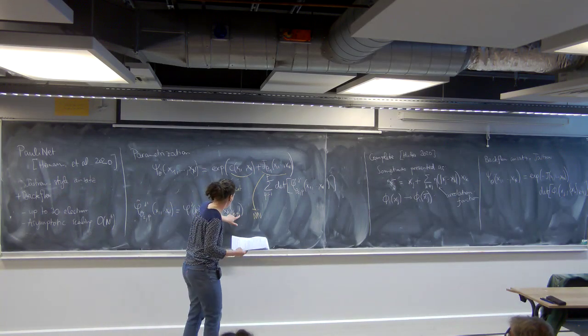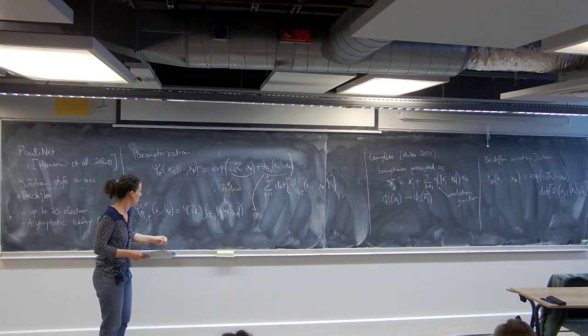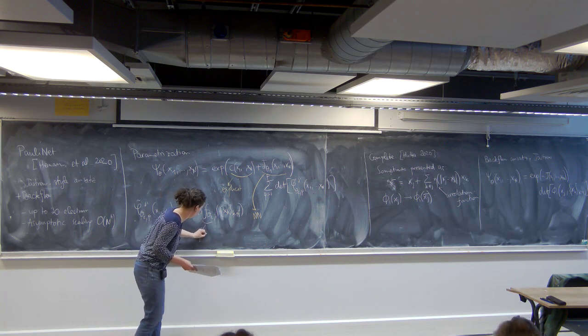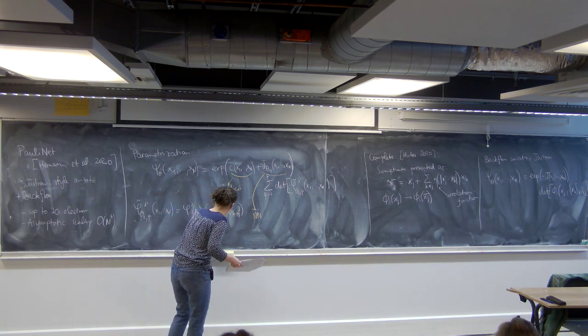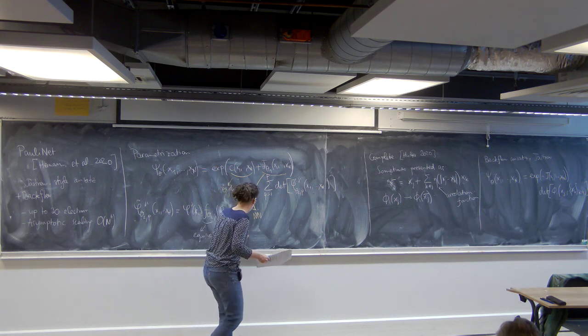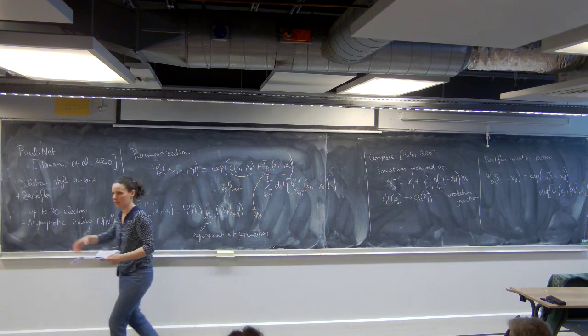So this should be equivariant with respect to permutation, and with this it should be satisfied that the overall thing is antisymmetric.